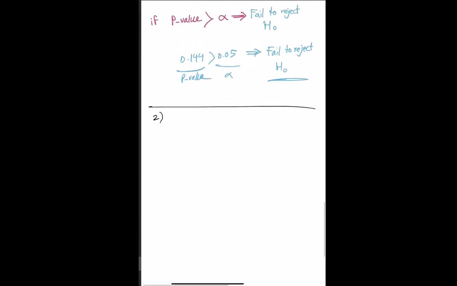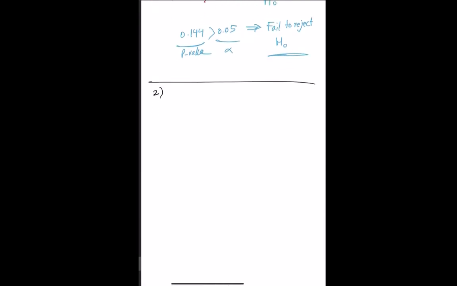Formulate the appropriate hypothesis. So the characteristic of interest, or the random variable of interest here, is oxygen concentration in the water in a dam.